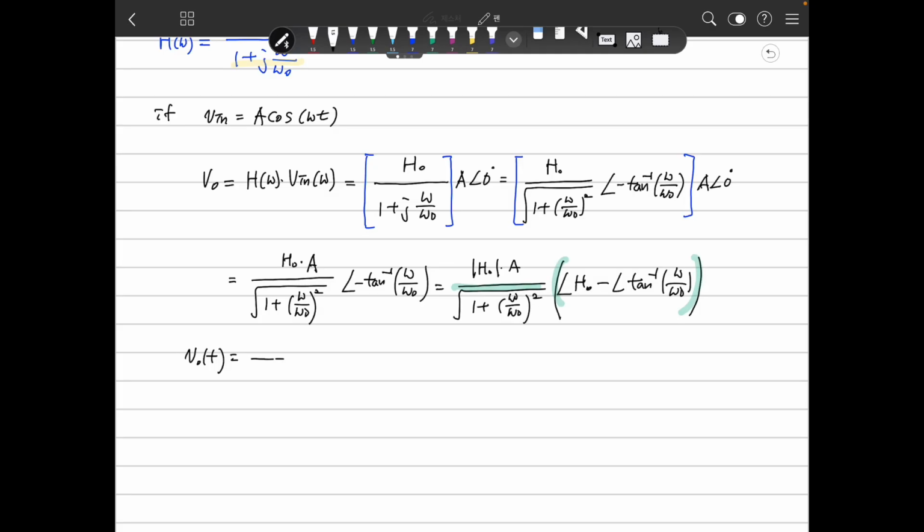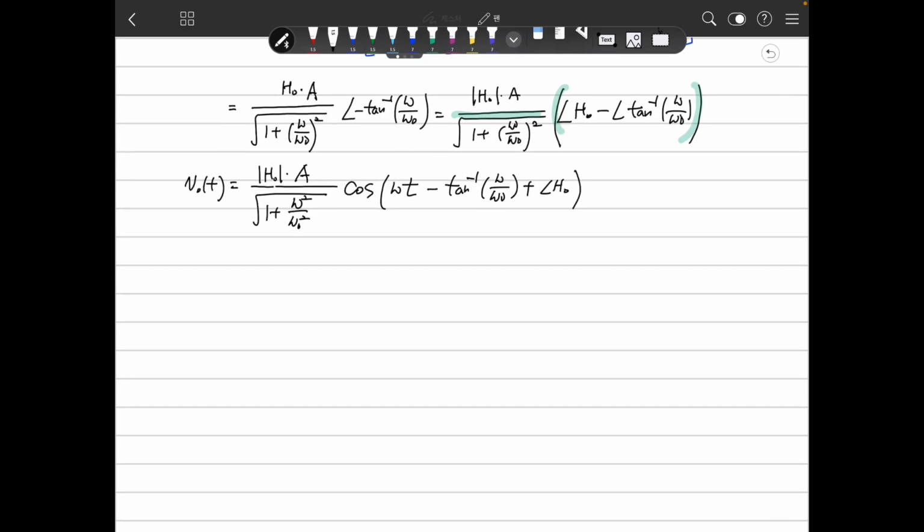So the magnitude is H0 and A over the square root of 1 plus omega over omega 0 squared, times cosine of omega t minus arctangent omega over omega 0 plus the phase of H0. That's the time domain response of the system.